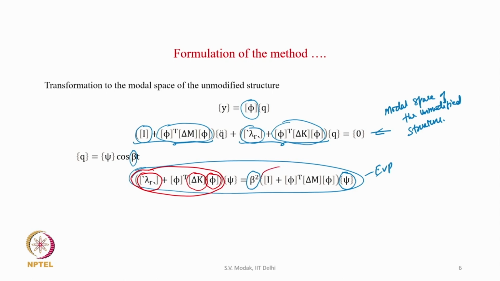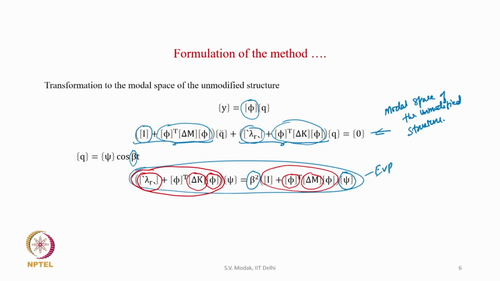Similarly, this matrix also consists of the eigenvector matrix of the unmodified structure and the description of the mass matrix change due to the structural modification. Therefore, to solve this eigenvalue problem, what we need is the modal characteristics of the unmodified structure and the spatial matrices describing the changes in the mass and stiffness matrices due to structural modification.